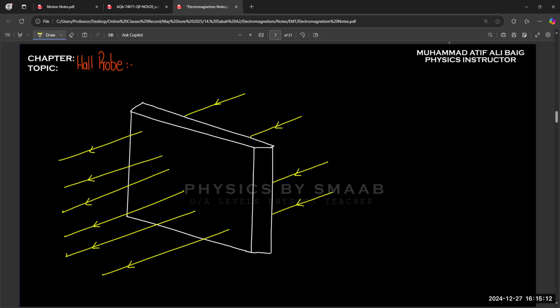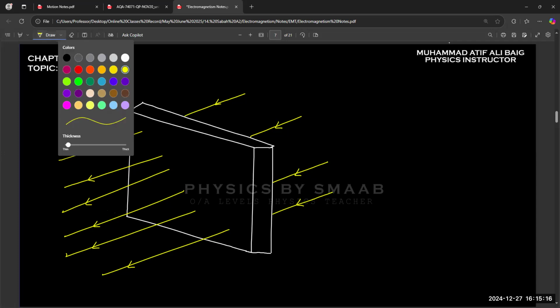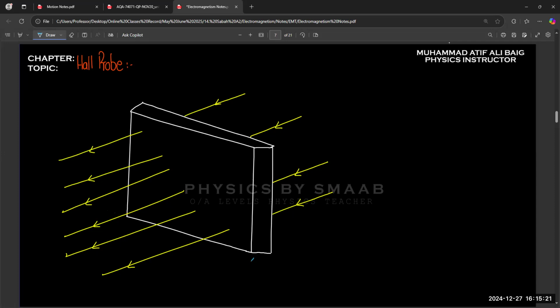And what about the current? Yes, we will also discuss the current. Before that, if we mark dimensions, let's suppose this is the thickness. This is the thickness of the sides of the Hall probe, and this is the total length.